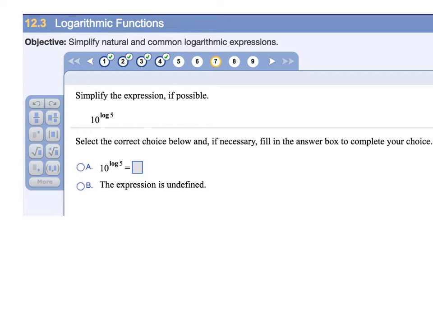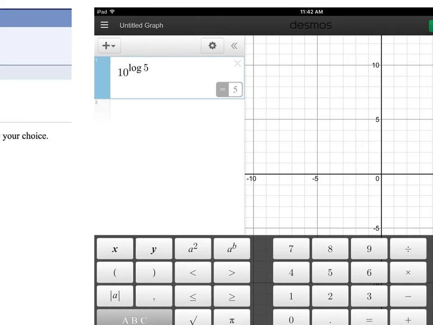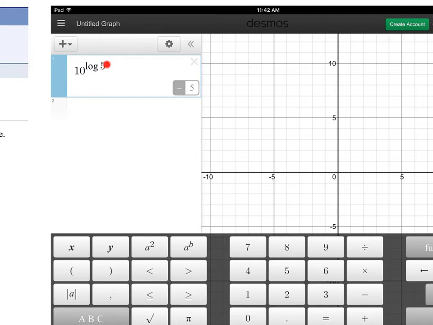So here it gets a little trickier. How are you going to type that into Desmos? You're just going to have to get creative in how you make Desmos look like this.